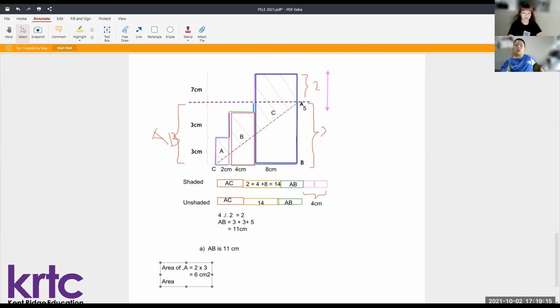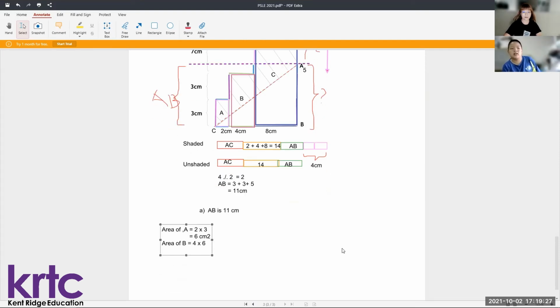Area of B equals 4 times 6, which equals 24 cm square. And area of C equals 8 times 11, which equals 88 cm square.